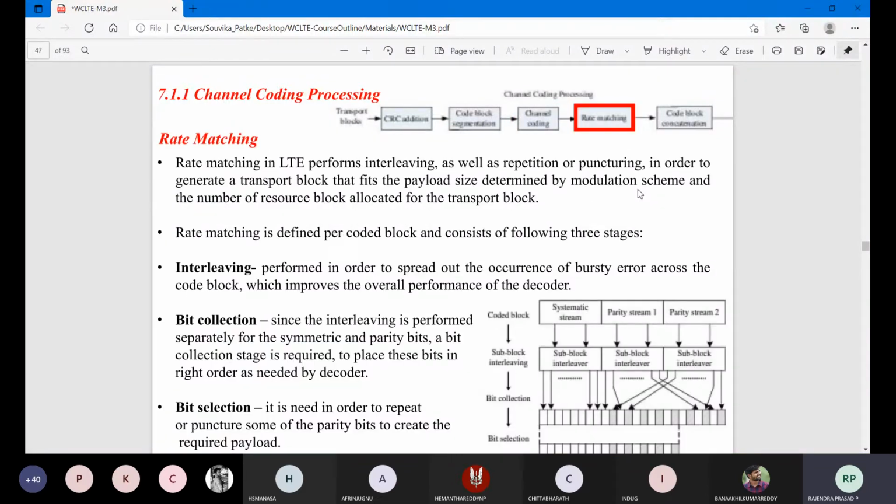Then we have rate matching. Rate matching also has three types: one is interleaving, one is bit collection, and one is bit selection. Interleaving means between your data you should have sufficient space so that the data can be easily identified and does not overlap, so for that reason also we will be having some gap, right?